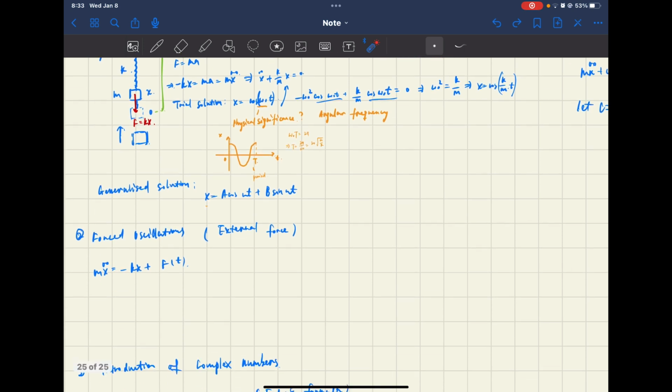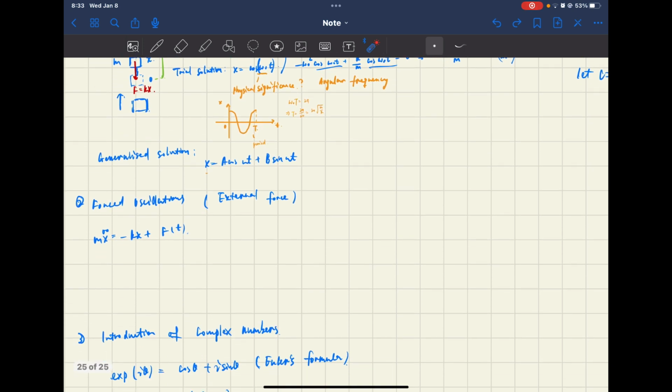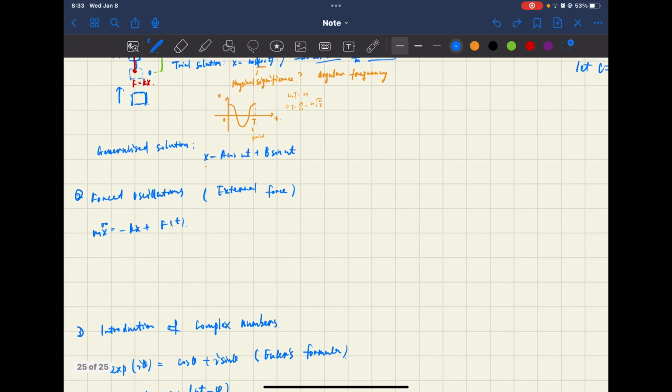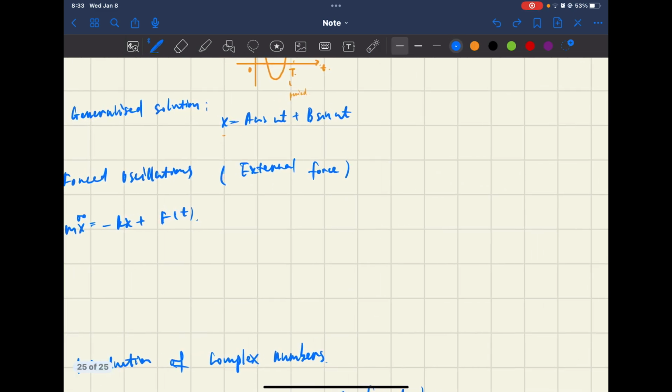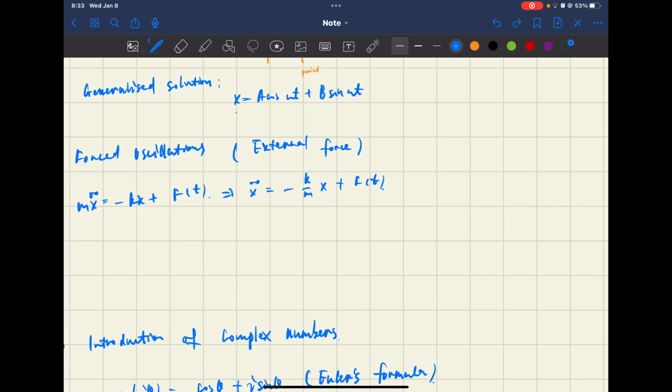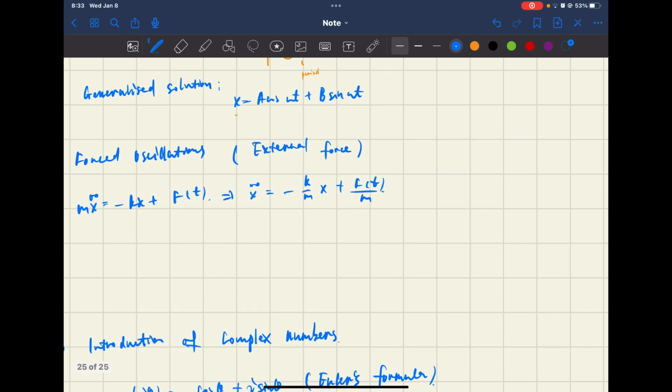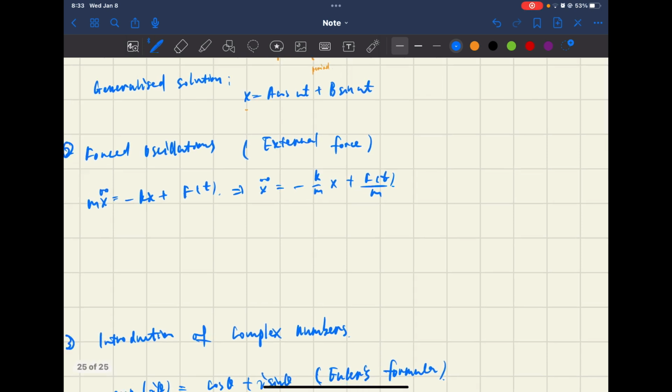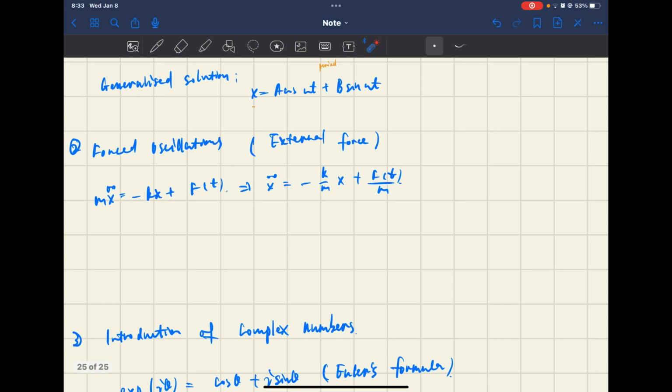So it's slightly different, and we write it in another form: x double dot equals minus k over m times x plus F(t) over m.